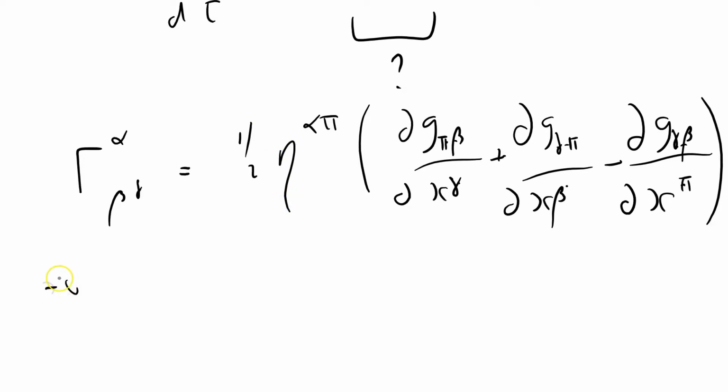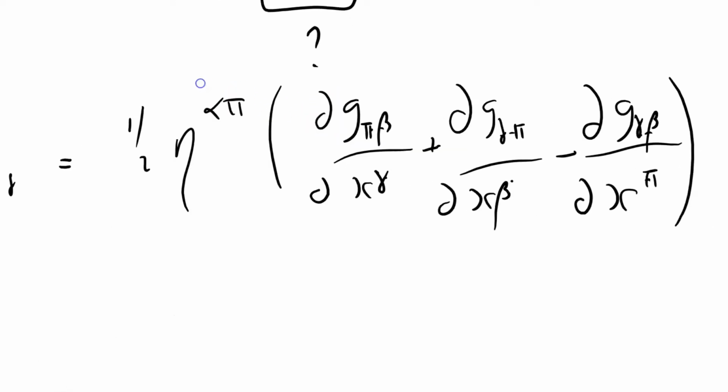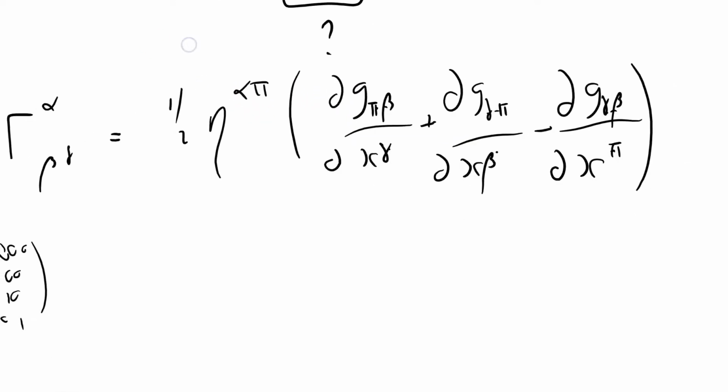You'll remember eta is 1 0 0 0, 0 1 0 0, 0 0 1 0, 0 0 0 1. Effectively that tells me I may replace the sum over pi, and I may as well just get rid of pi.